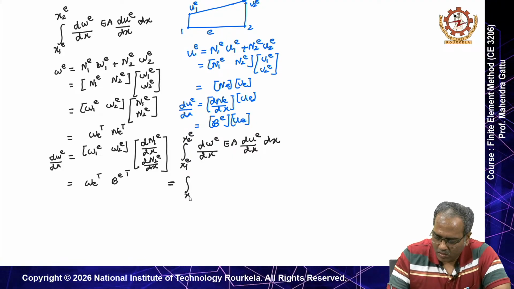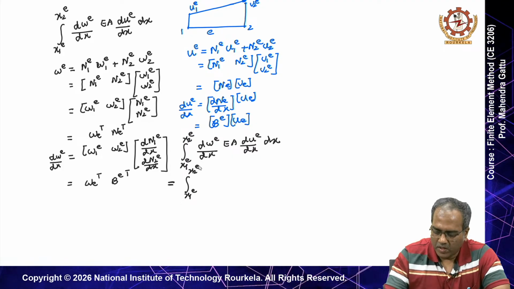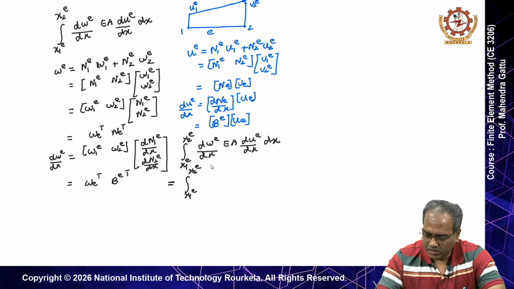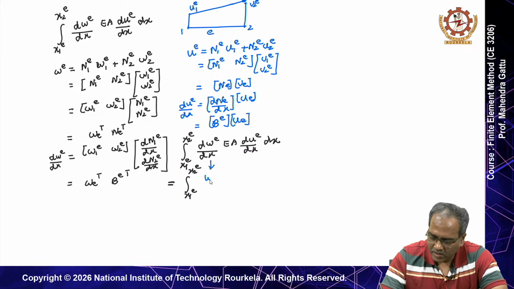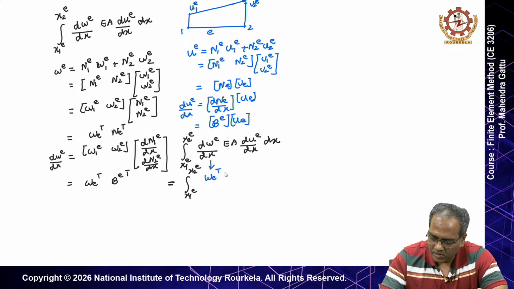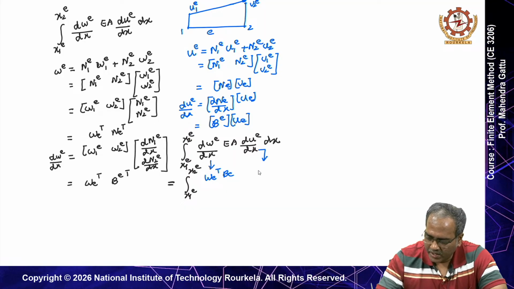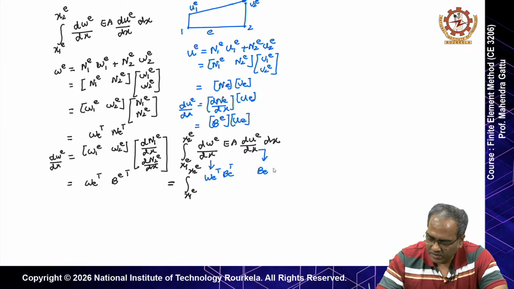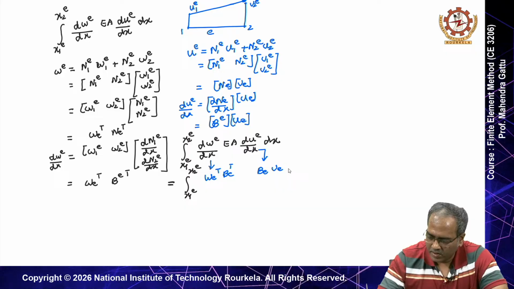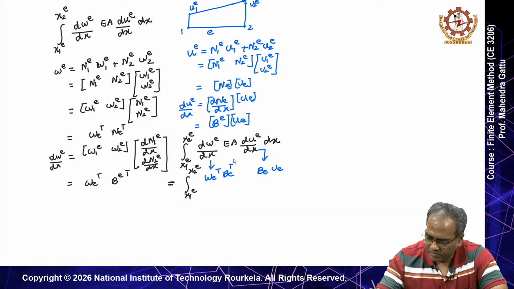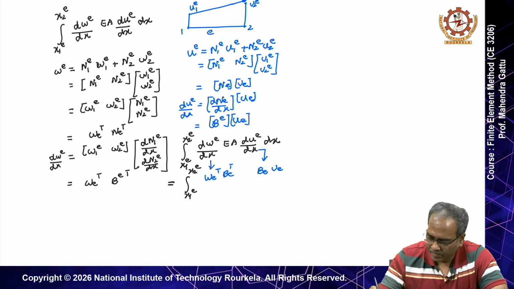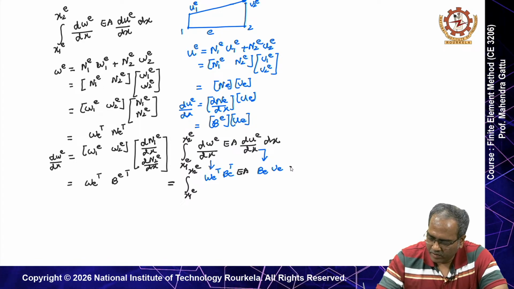So, the first term, dw by dx. So, this term we will write as W e transpose B, and this term we will write as B e times u e, and we have our E A term, which remains the same, and then our dx.